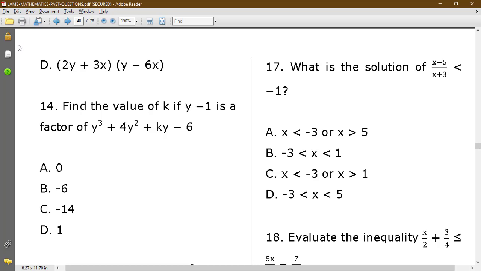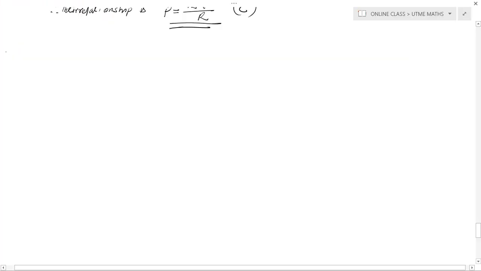It says that x minus 5 divided by x plus 3 is less than minus 1. So x minus 5 all over x plus 3 is less than minus 1.